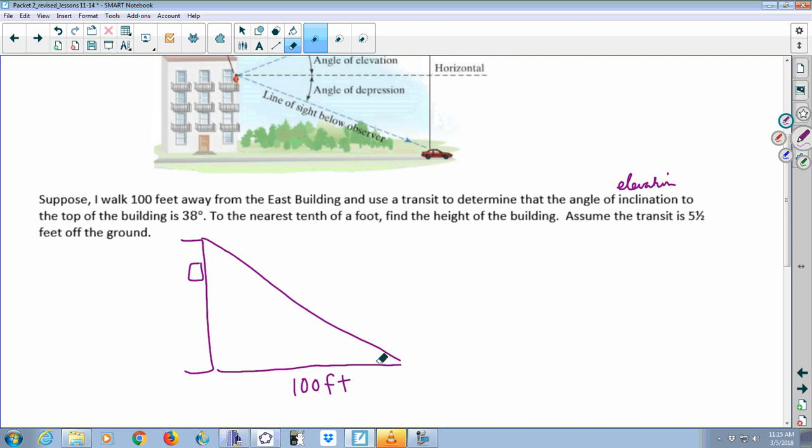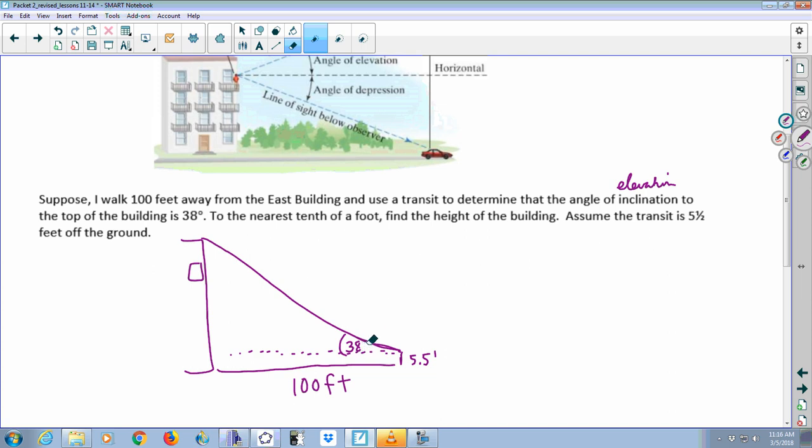So I got to start this up a little bit. So let's say right here. So this is 5.5 feet, 5.5 feet. And that angle, so now I can have my horizontal line right here, which is still 100 feet, right? And that angle of elevation or inclination is 38 degrees right there.